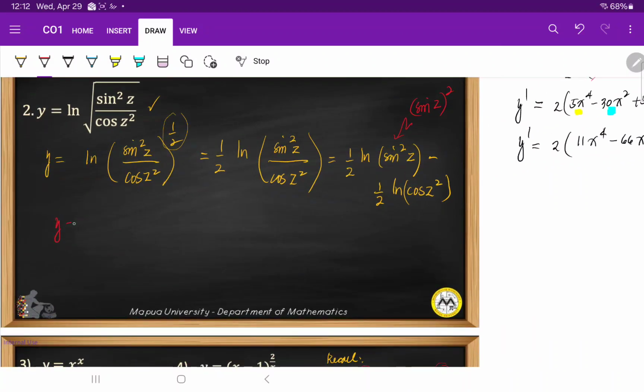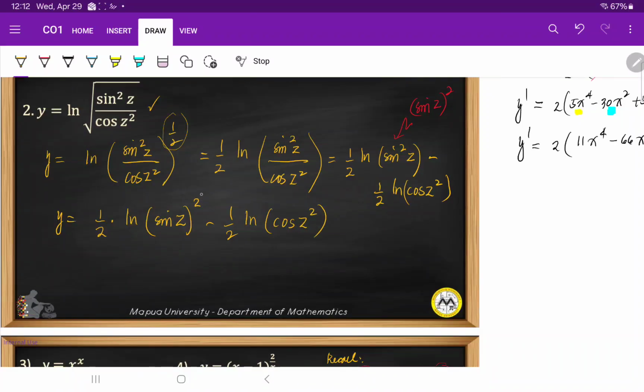So, your y now is equal to, this becomes 1/2 times what? Ln of sine of z square. Okay, then minus 1/2 ln of cosine of z square.